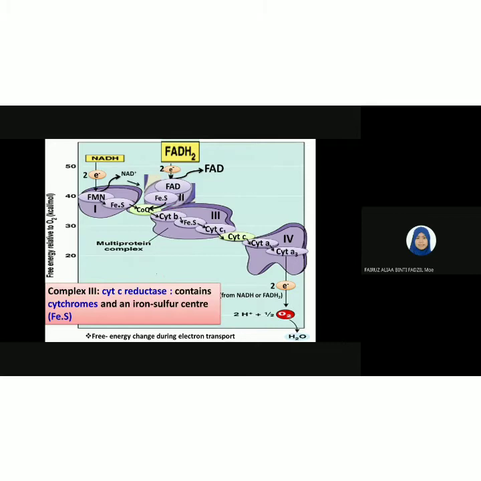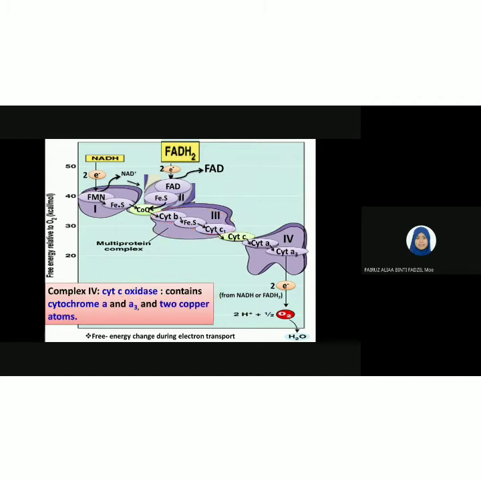Okay, and then we have complex 3. Complex 3 is also known as cytochrome C reductase, and it contains cytochromes. To be specific, you can see in this diagram, cytochrome B and also cytochrome C1 here. And they also have one iron sulfur center or iron sulfur protein.